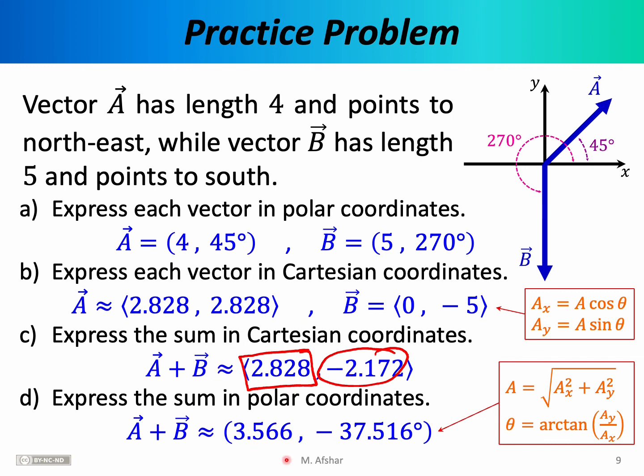You have to follow this procedure because if you simply took the polar coordinates and added them together, you would not get the right answer. Notice that 4 plus 5 gives you 9, which is not at all the number that we obtained here. Similarly, 45 degrees plus 270 degrees does not give you minus 37 degrees.